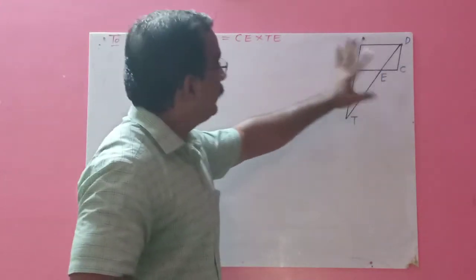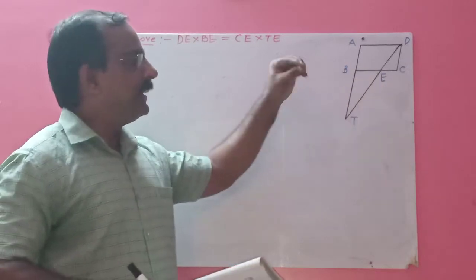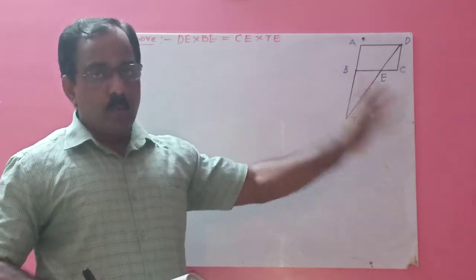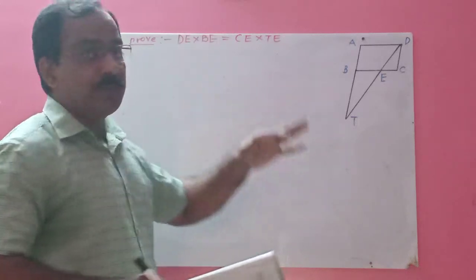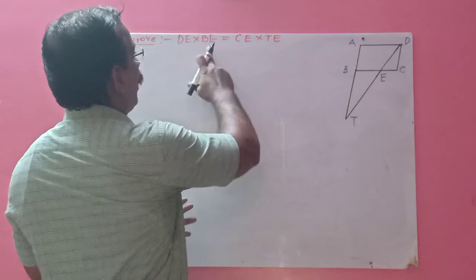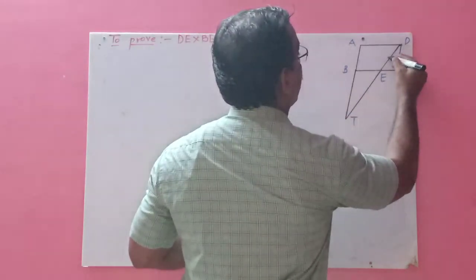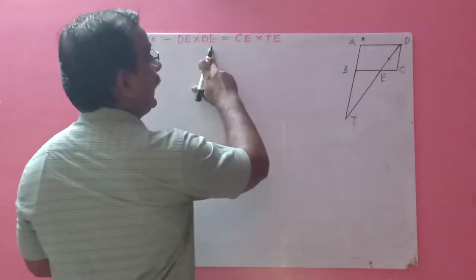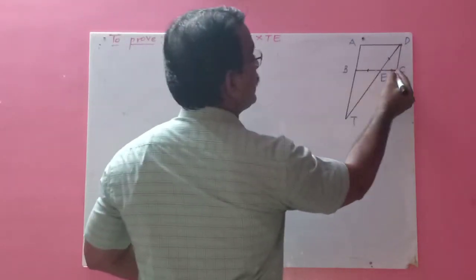From the diagram, it looks like it is a very difficult sum. But my dear children, it's a very simple problem. Only try to find out these sides belong to which two triangles. See, DE is here, this one. Then BE, BE is here. CE, this is here.